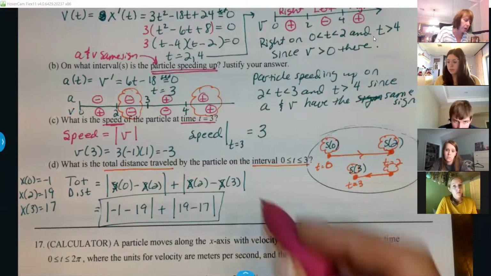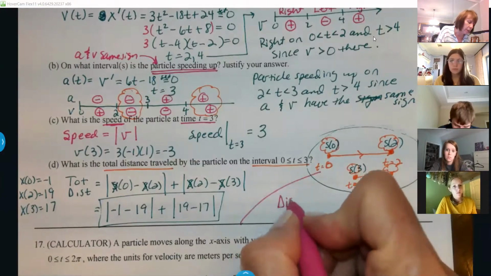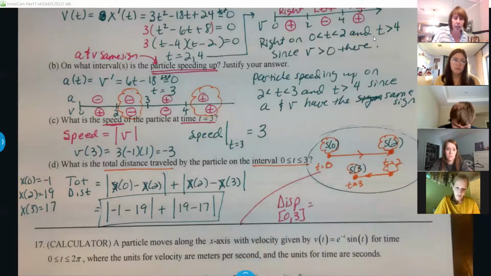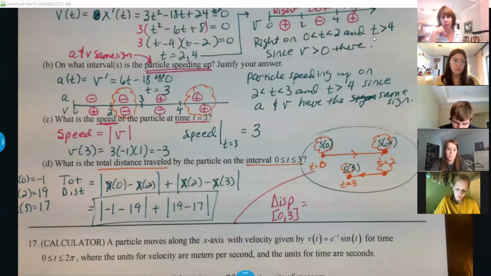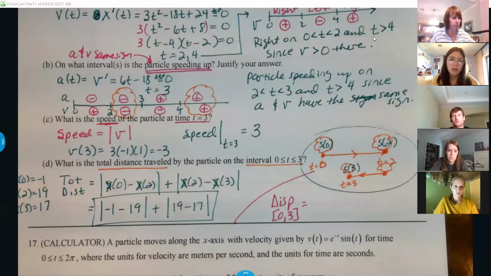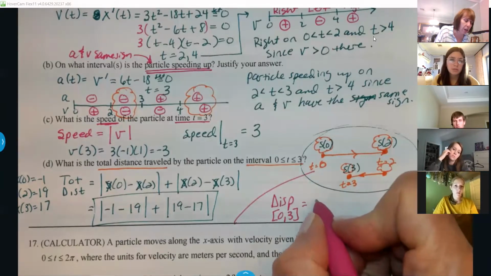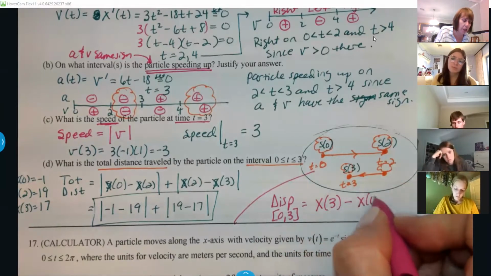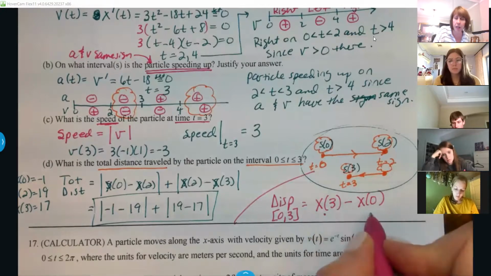Do we remember, what's the displacement, you guys? The displacement from 0 to 3. How do you do that? Displacement. Isn't it the distance formula? Or am I mistaken? It's easier than that. Displacement is just your ending position minus your starting position.